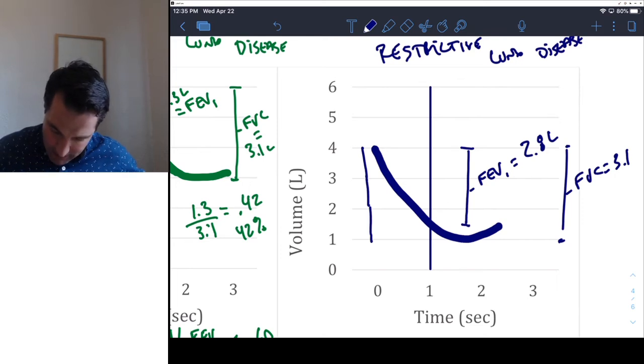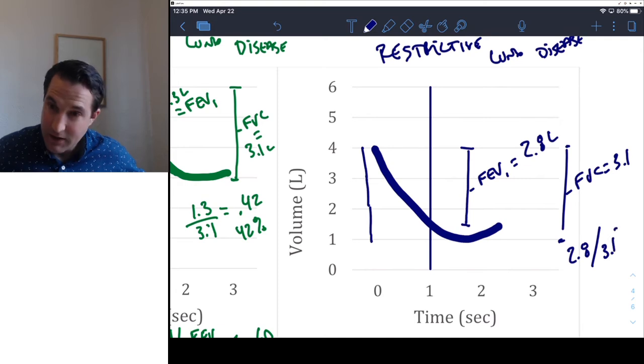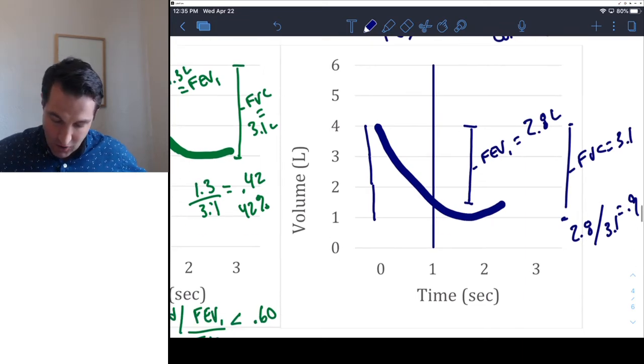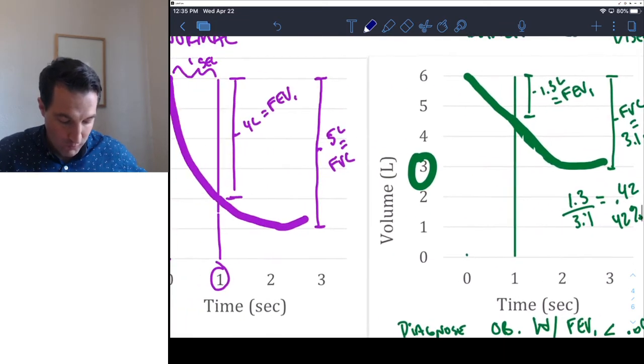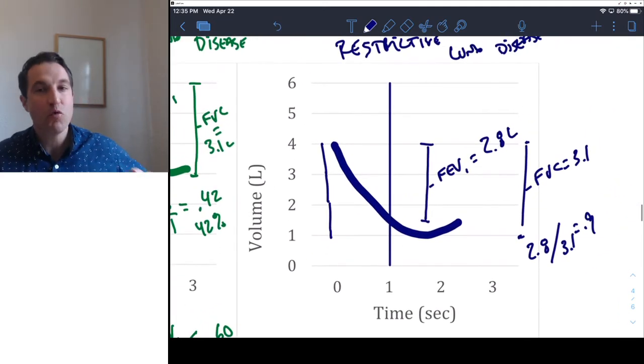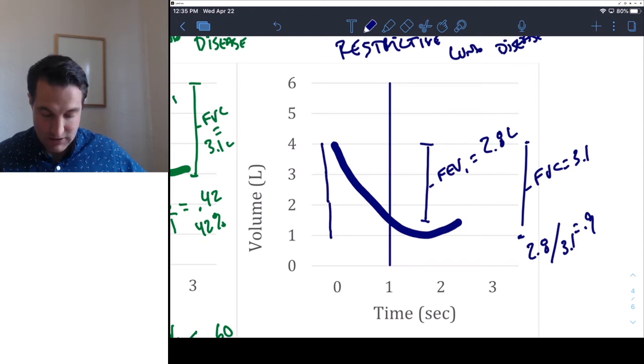And that 2.8 over 3.1 equals 0.9. So we are higher than we are with our normal person who's right around 0.8. It's a little bit more challenging to diagnose a person with restrictive lung disease.